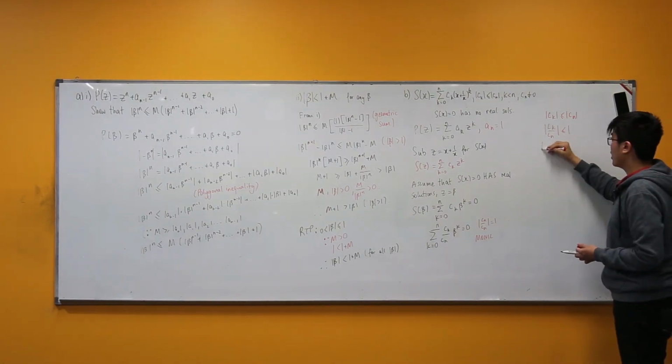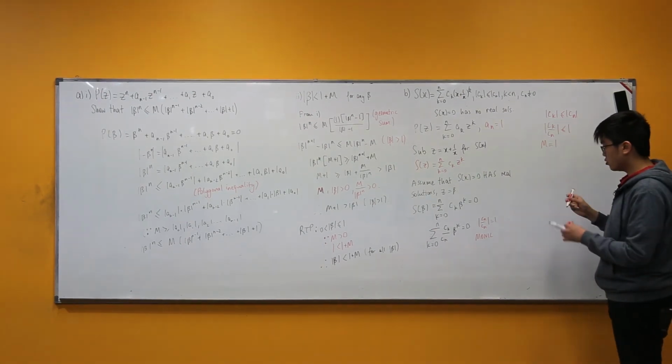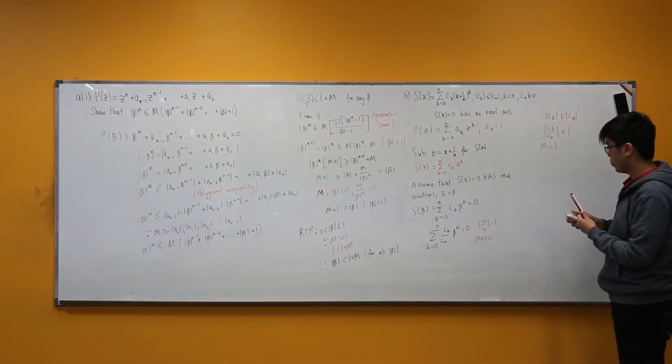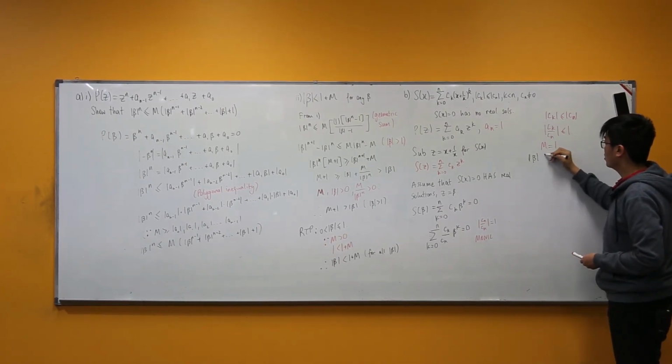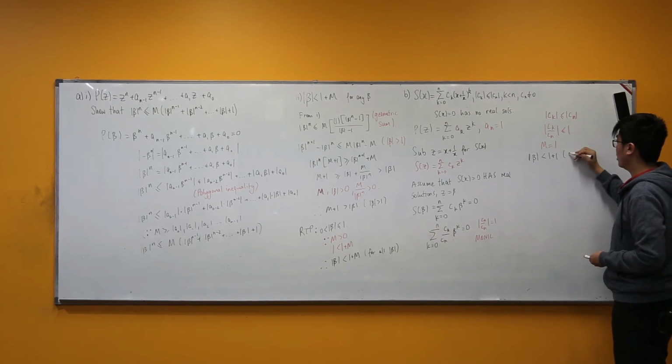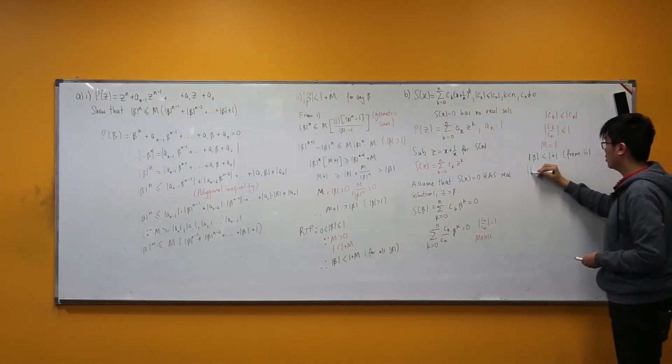In other words, m is equal to 1. So if we use our results from part 2, we can sub m into part 2, 1 plus 1, and therefore the modulus of beta is less than 2.